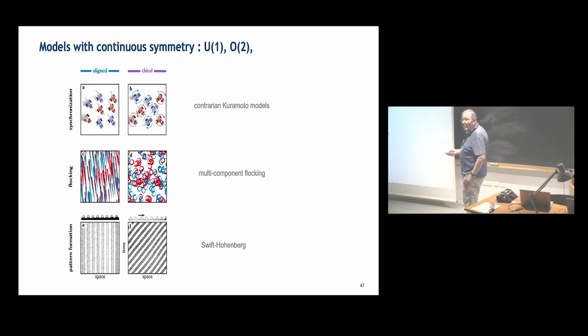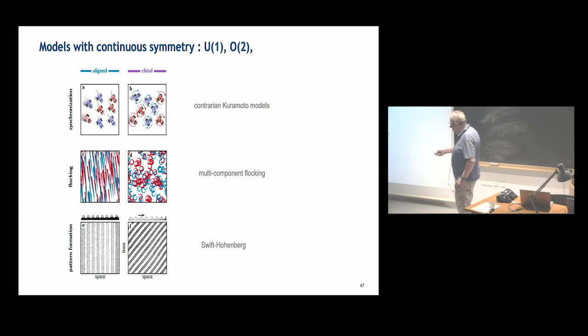It turns out that it's really quite general. Models with continuous symmetry, U(1) or O(2), and I'll show you later limit cycles, do all the same thing. So contrarian Kuramoto models of this kind of thing, multi-component flocking. Also, interestingly, a well-known transition, Swift-Hohenberg, which is pattern formation, where basically this is space and this is time.